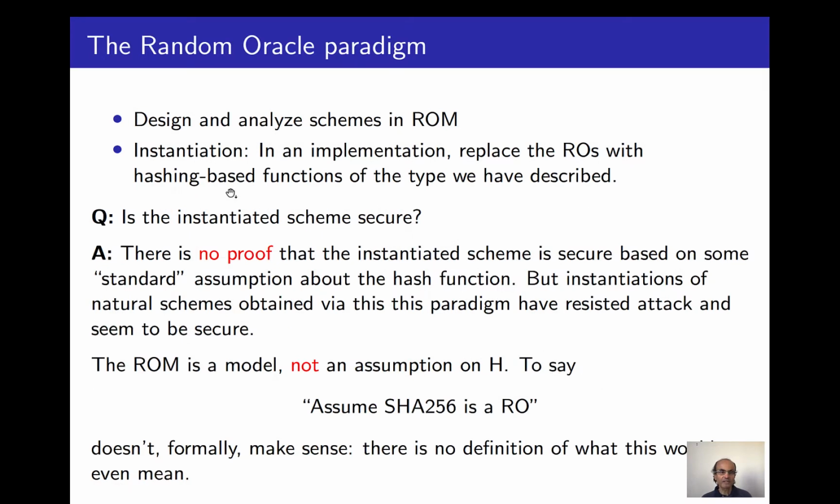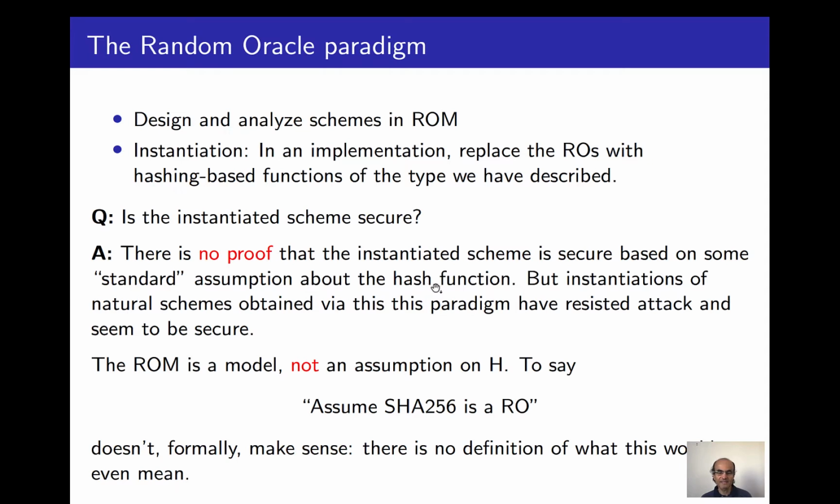So we could go back to the broadest question: is the instantiated scheme actually secure, and what evidence do we have that that's the case? And the fact is that there is no proof that the actual instantiated scheme is secure based on what one might call a standard assumption about the hash function. What does standard mean? Roughly that it's given through a game in the style that we've discussed.